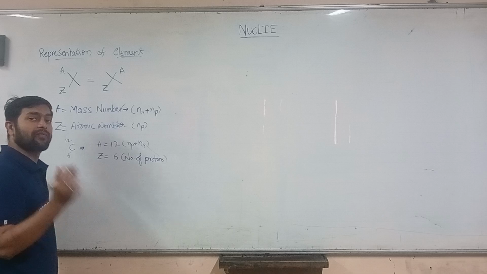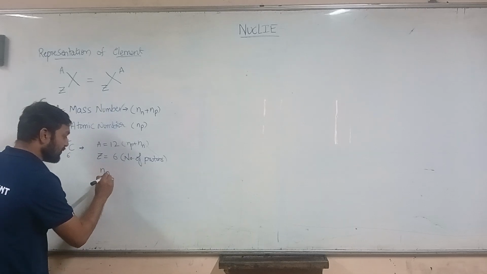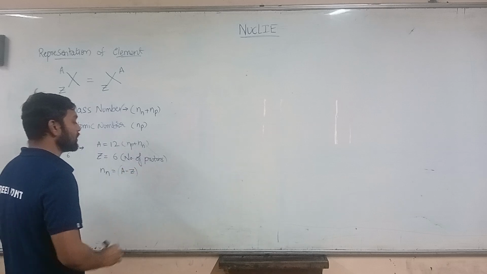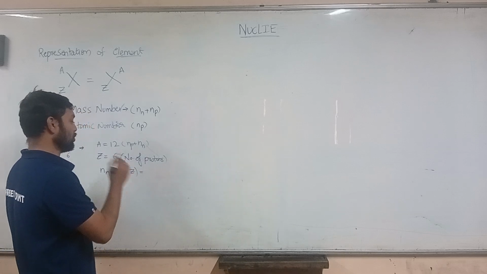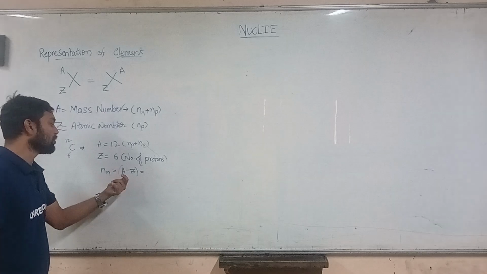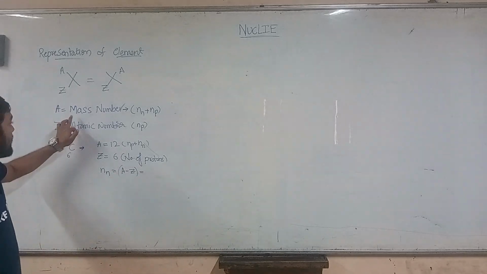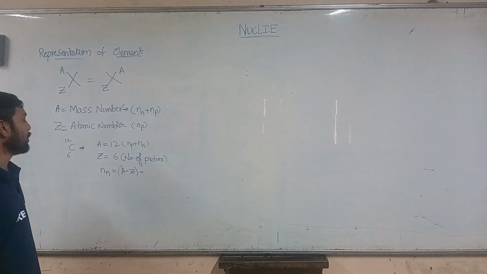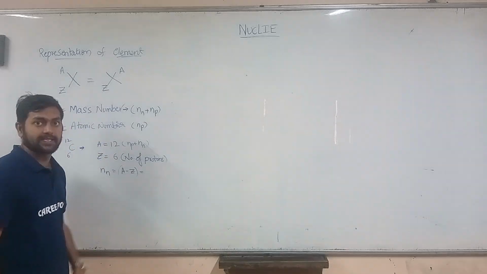If I want the number of neutrons, then the number of neutrons is equal to A minus Z. The number of neutrons is the mass number minus the atomic number.